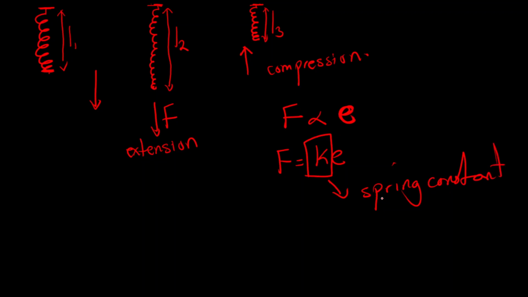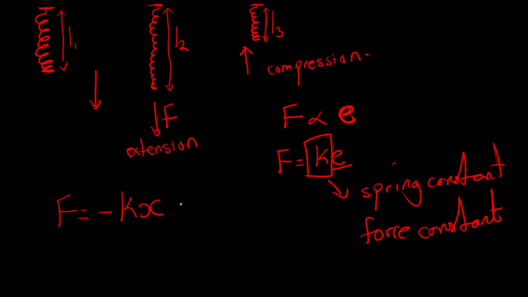In some resources, they'll write the force constant. In some situations, they'll write it like this: F equals minus kx, or F equals minus ke. The x is still the same thing as extension, the same thing as e.